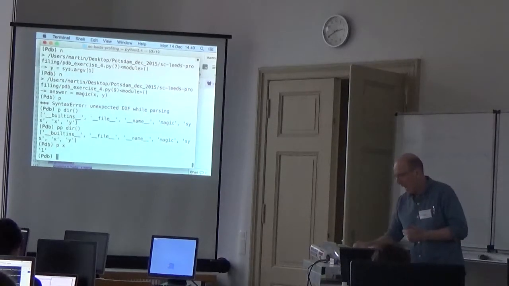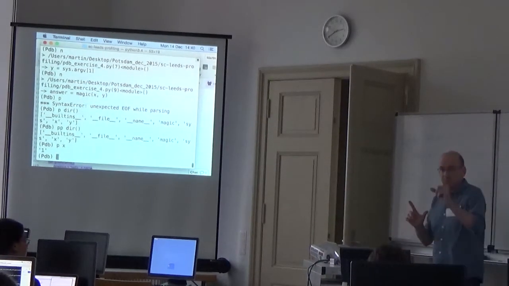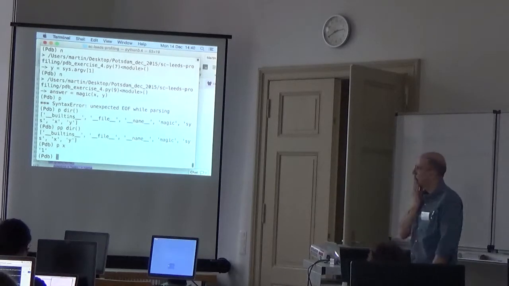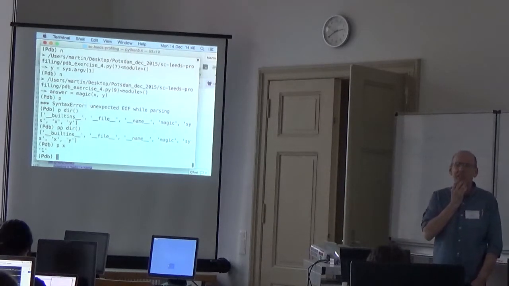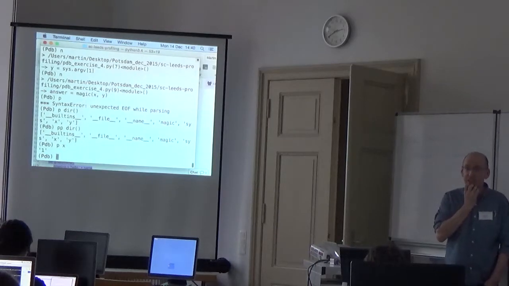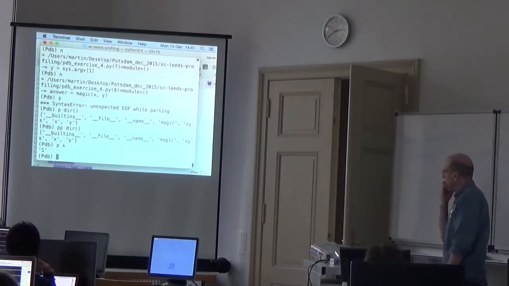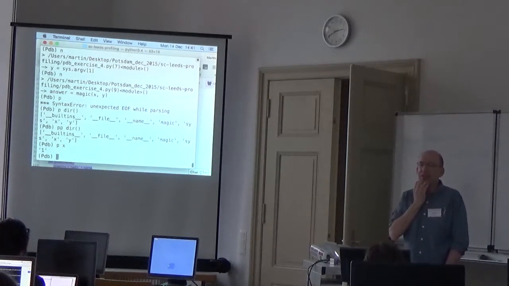Let's see. Ah, it's 1. That's good. That's what I want. Hopefully. Does anybody spot anything? It looks suspiciously like a string, doesn't it? That's either good or bad. It's probably bad.